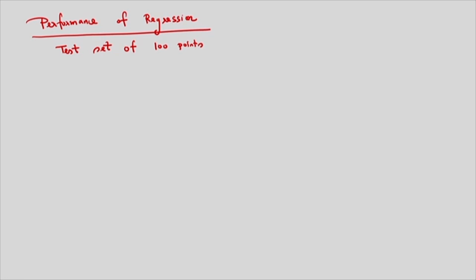For each value of m, we have to evaluate the error function. Here m is the order of the polynomial, or I can say it is the order of the model. What I have to evaluate is the error.